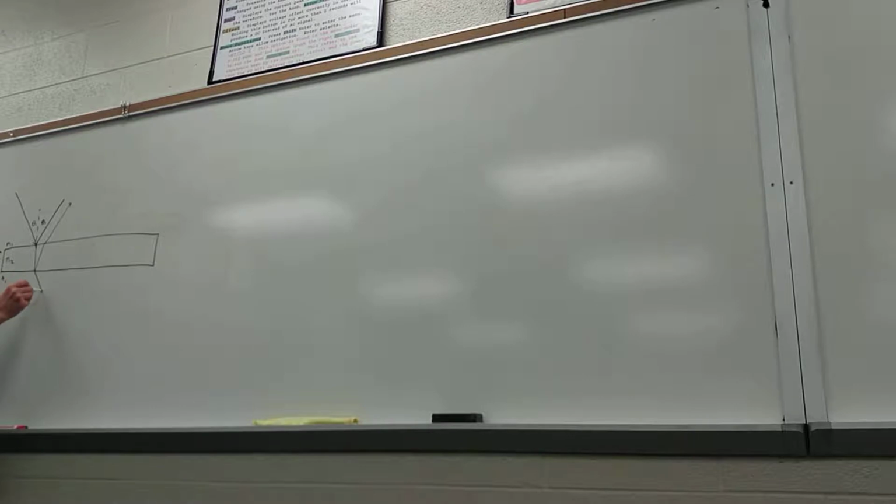We'll get some transmitted light, and then in general, some of this will reflect, create some transmitted light, reflect again, transmitted light, and et cetera, et cetera. So we generate a whole bunch of parallel reflected and transmitted rays.